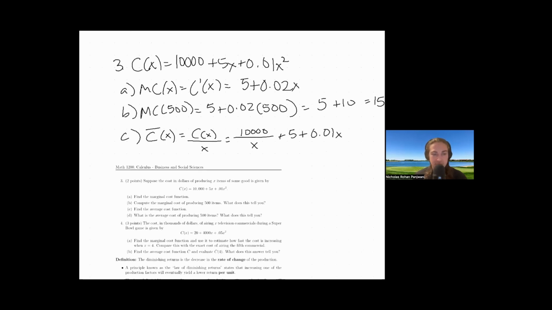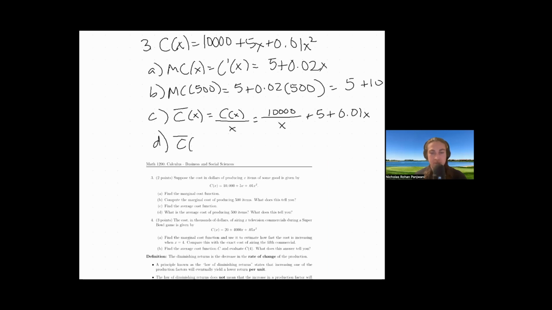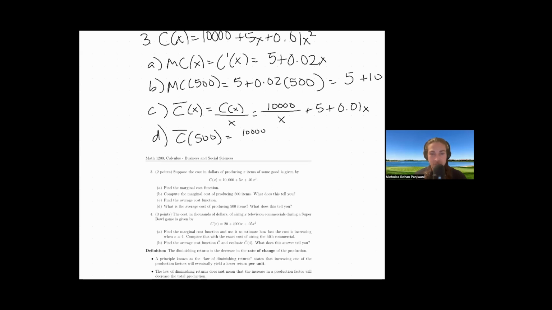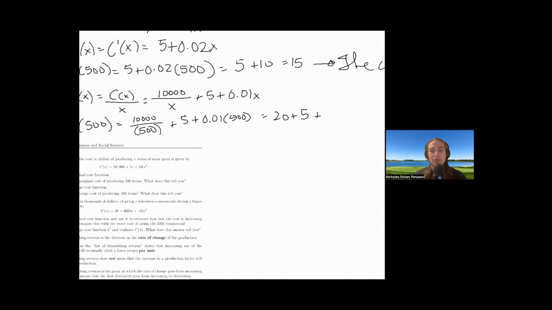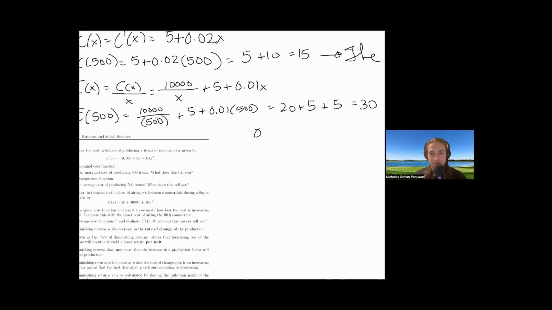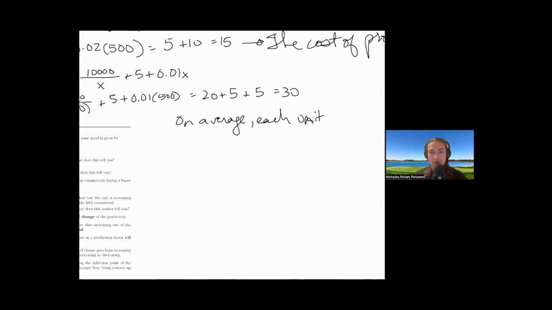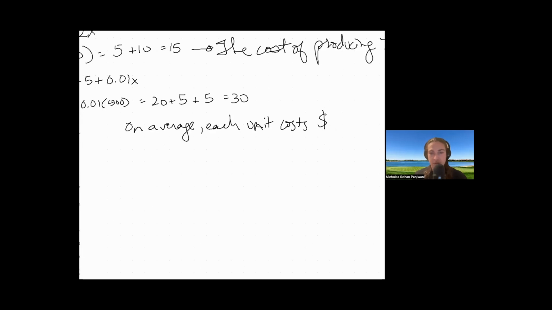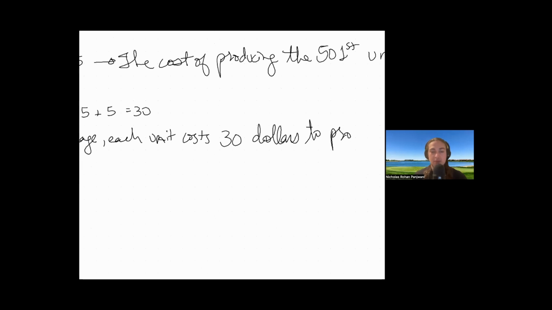Boom. $10,000 over 500. On average, each unit costs $30 to produce. I'm a fool.